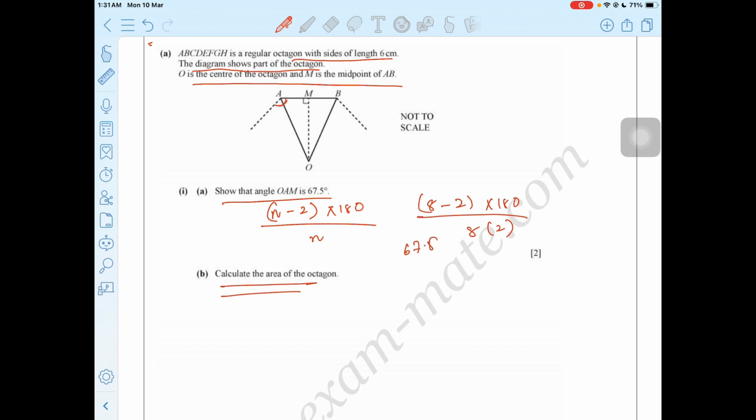Calculate the area of the octagon, right? So we need to calculate the area of the octagon. So we have this triangle, right? We can use these triangles each and every time, and then multiply it by 8, right?